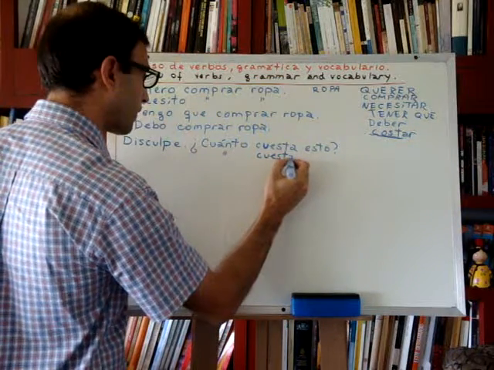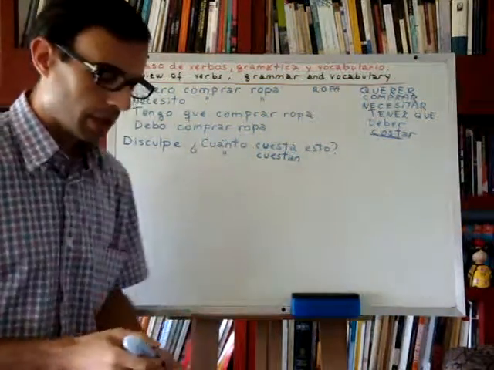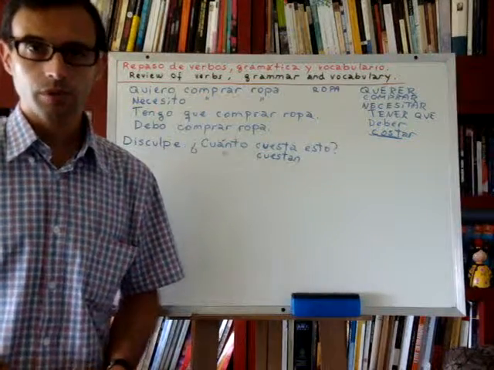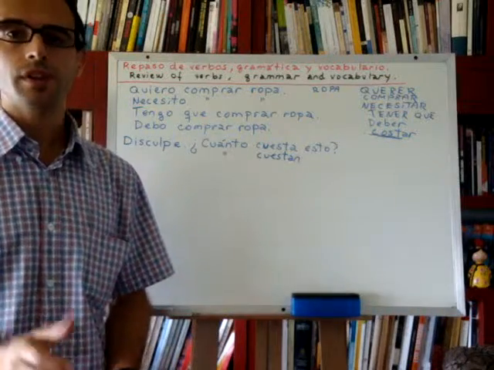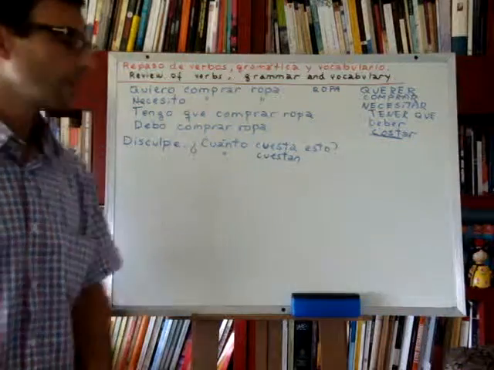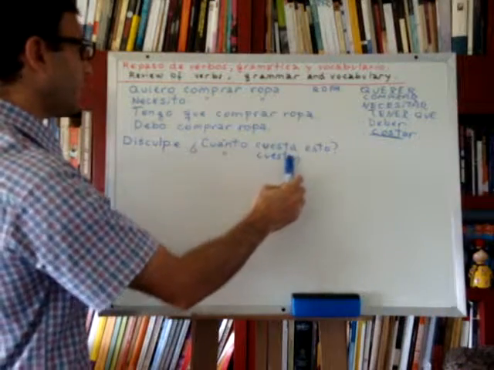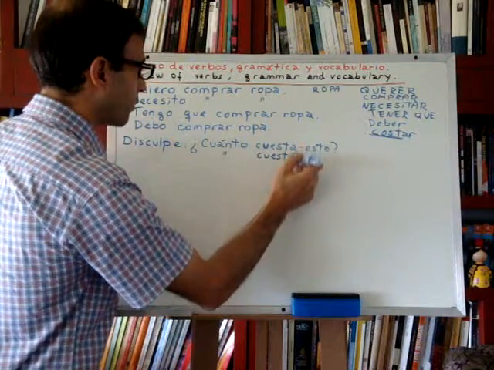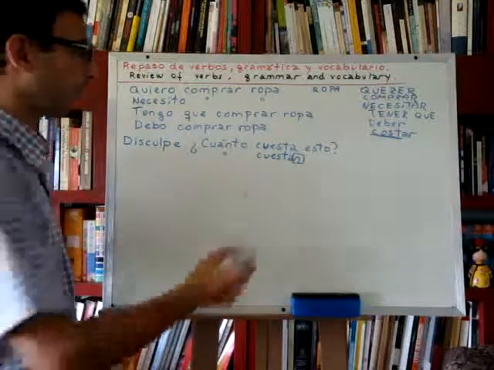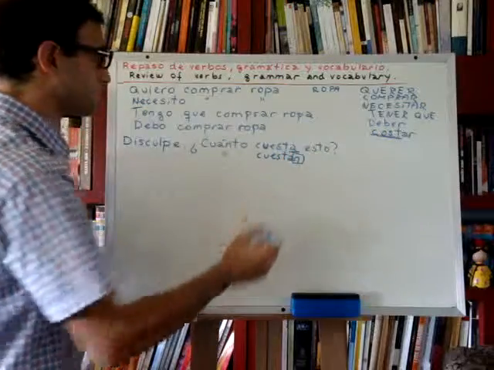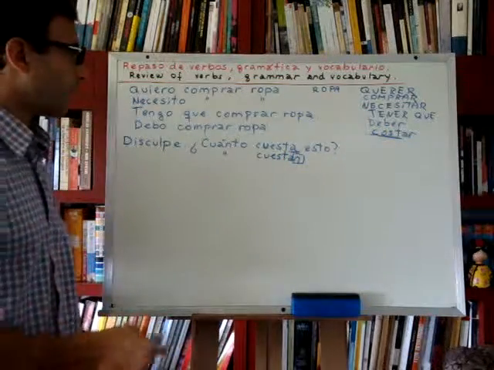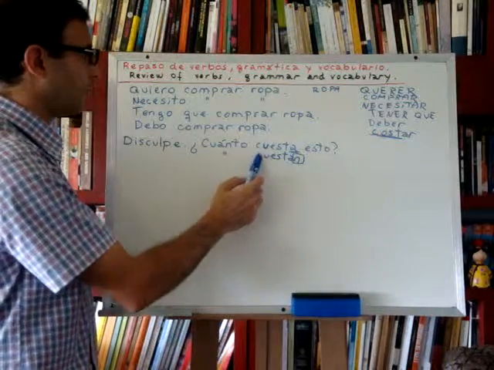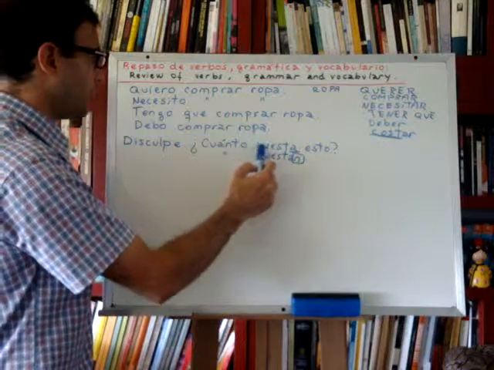Because remember that the verbs in Spanish also change to plural and singular. So, cuestan, because this is a verbal conjugation for the plural, they, and this is for he, she, it.